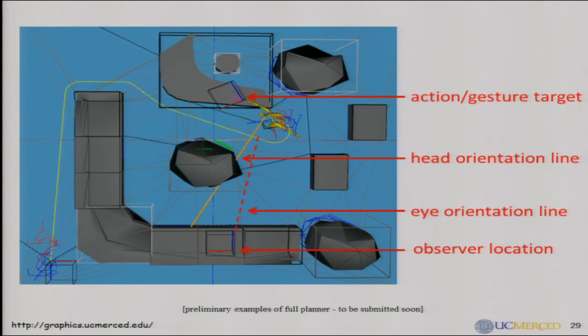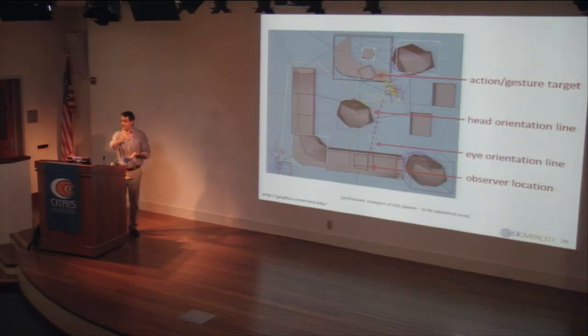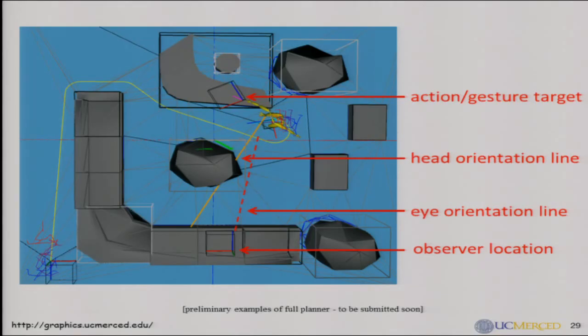And we see in this example that we had to have the character make that turn to orient itself such that the observer has visibility to the target. Otherwise, the body of the demonstrator would block visibility between the observer and the target. And then we look for these possible placements. Once we have the placement, then we can run our search methods that we saw before and synthesize a locomotion sequence that will go to that location and then perform the upper body action.